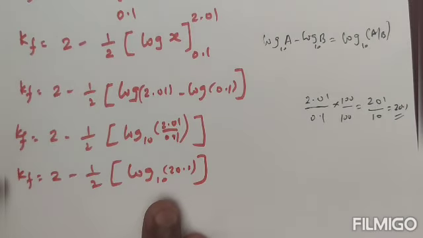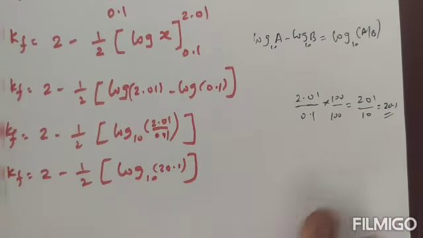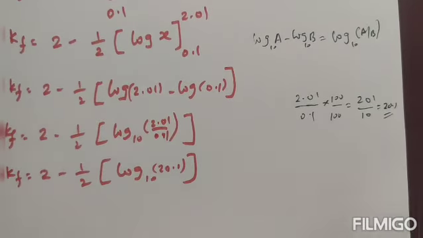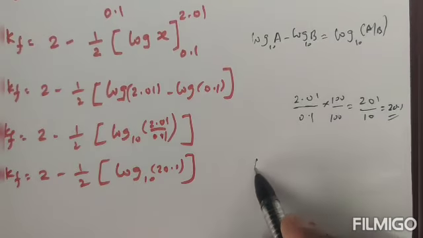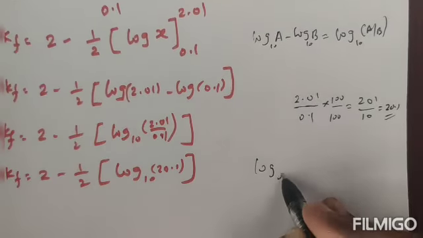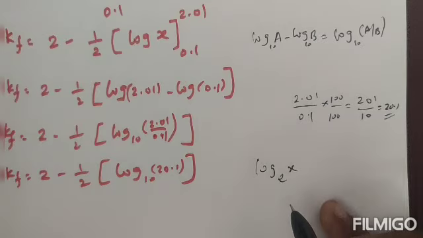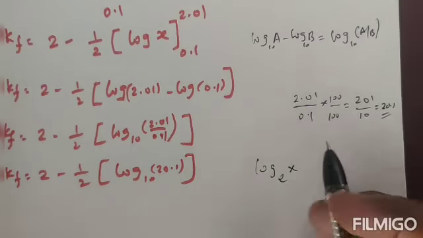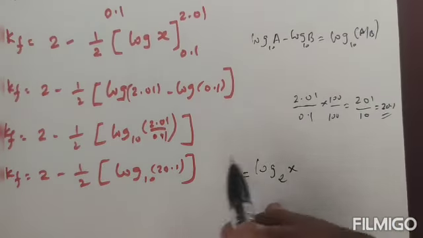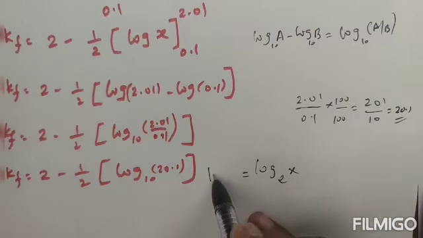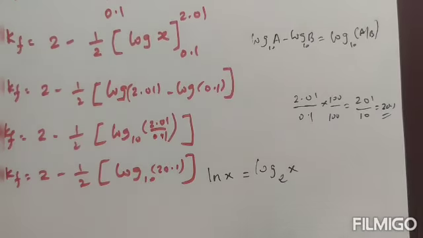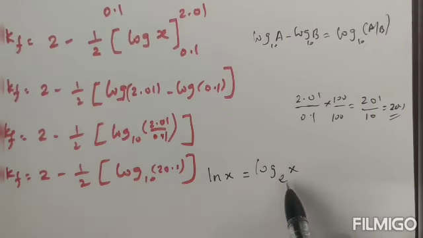So what we are going to do is change into the exponential function. How to write the exponential function? We can write log e power x. This is the exponential function, or natural logarithm, that is ln x. So both will have the same meaning.